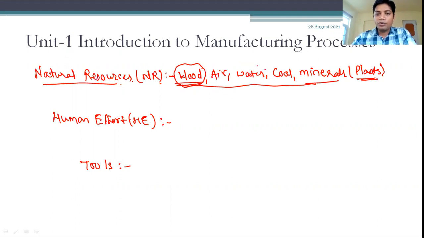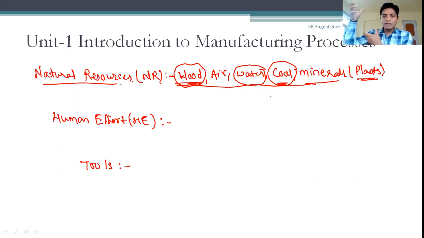Now if we are talking about wood, or especially coal: wood is what is available nowadays in the open environment.